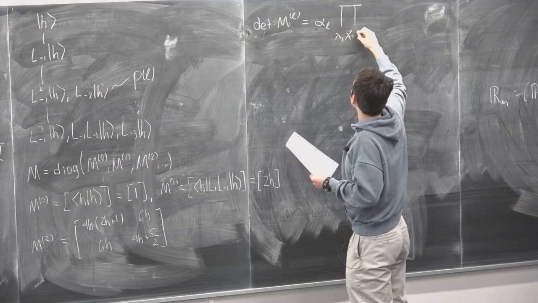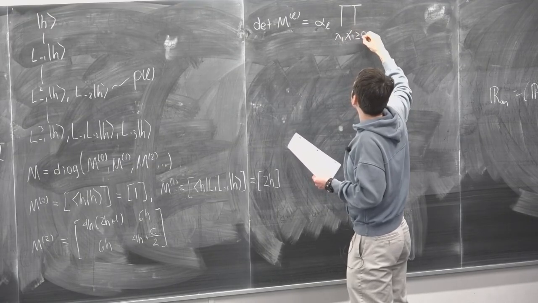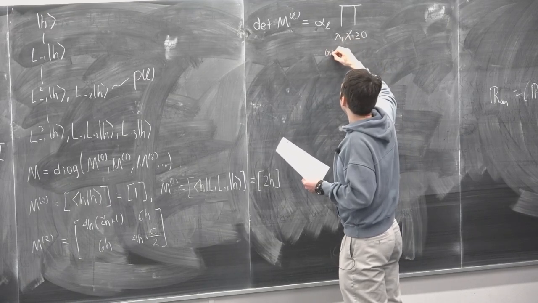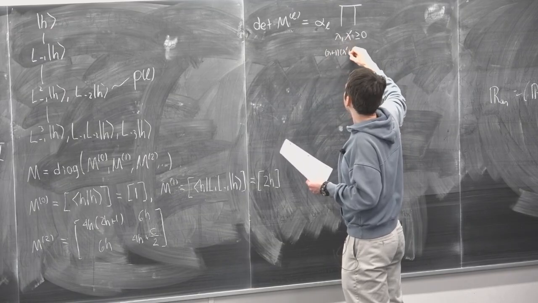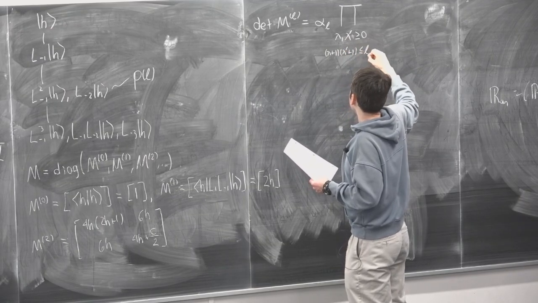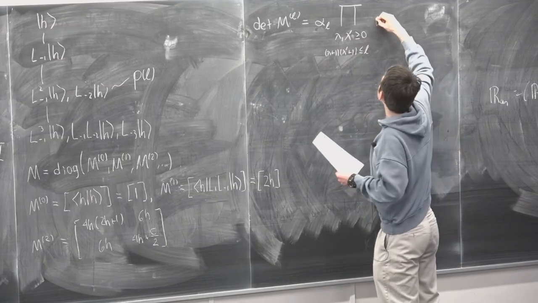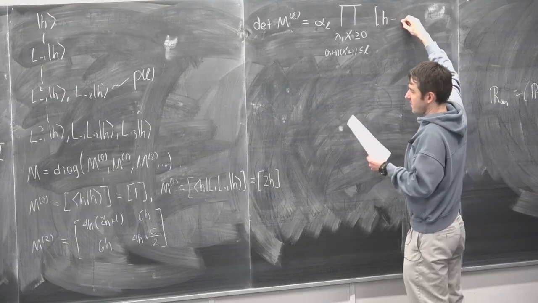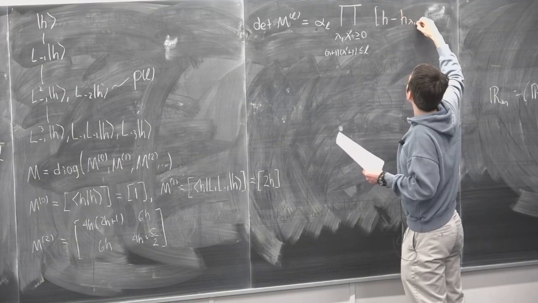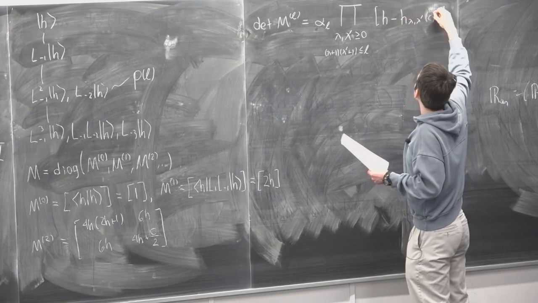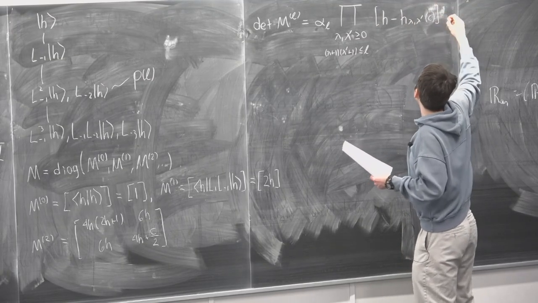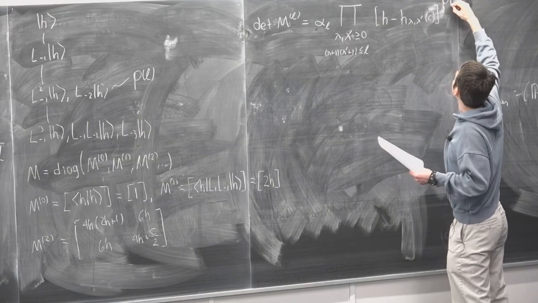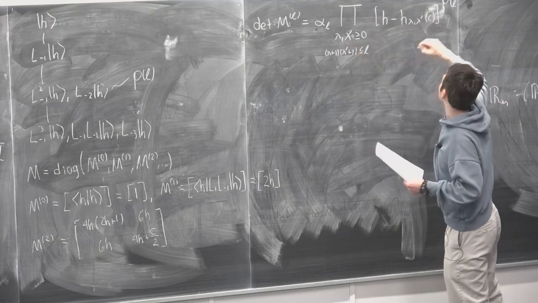And then I'll write it this way. The product over non-negative integers lambda and lambda prime such that this product is less than or equal to the level L, and then you have h minus a root, which is some function of the central charge, to some power, which is a partition function not of L, but of L minus this product.